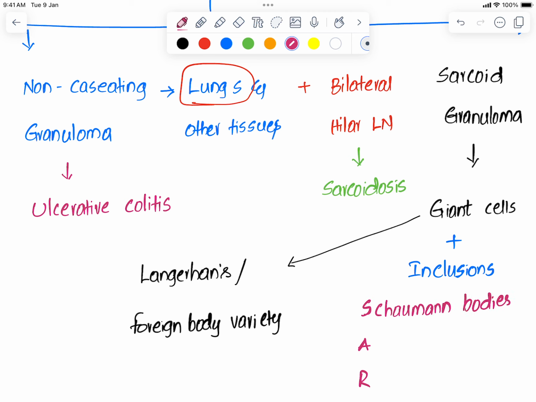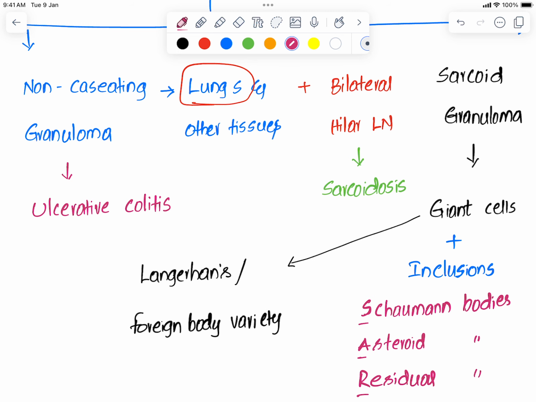A is the asteroid bodies. R is the residual bodies. I'll talk about these inclusion bodies in detail subsequently, but these giant cells contain these inclusion bodies.